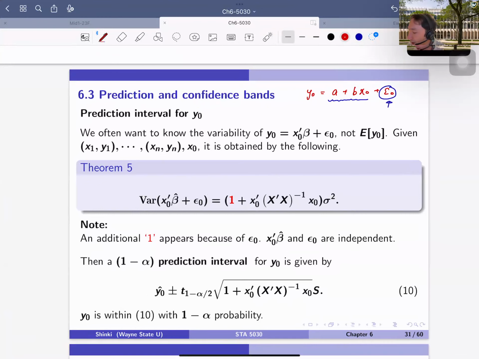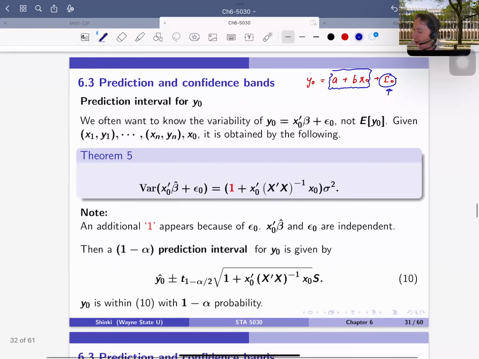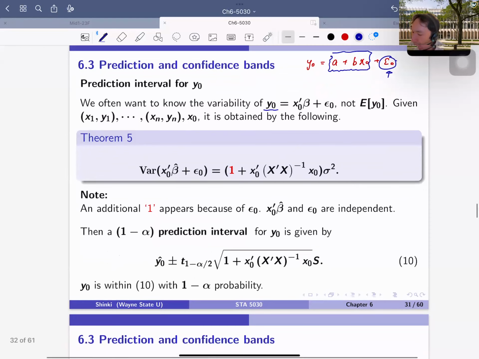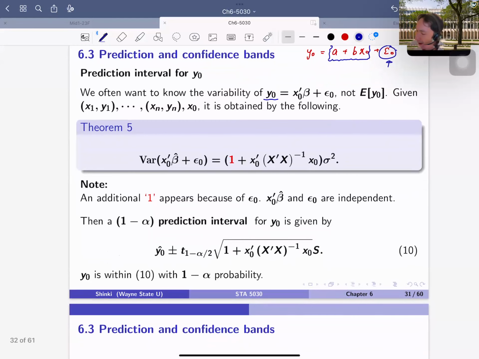So the expectation of y naught only depends on this term, but the actual y naught also depends on this error. So if we consider the variability of y naught, it is a little larger than the variability of the expectation of y naught. And how do we evaluate that? Y naught is this one.